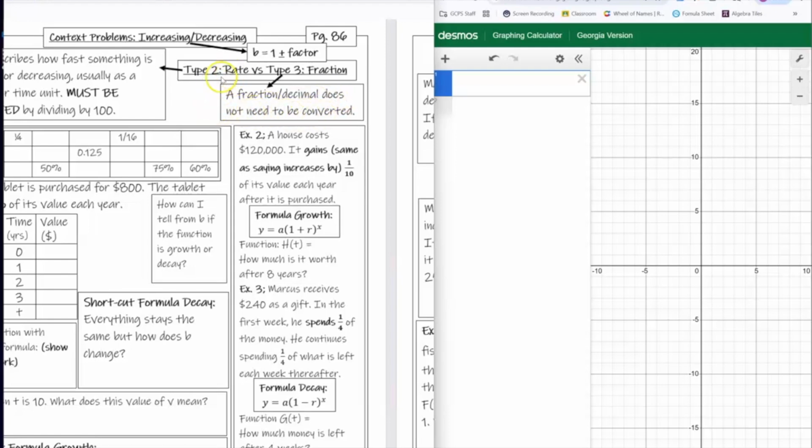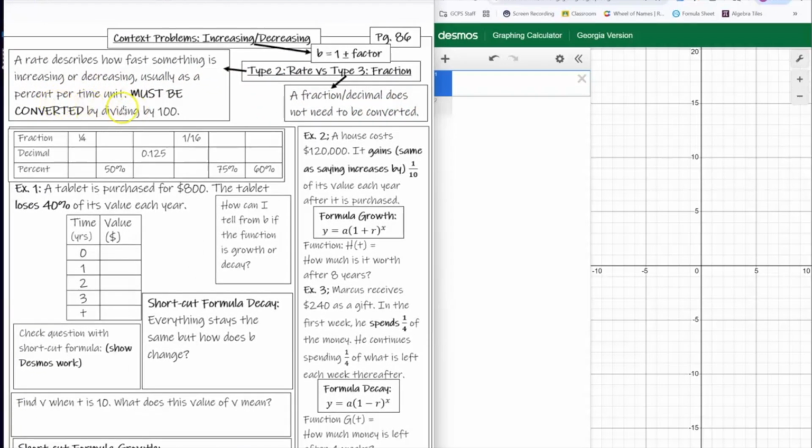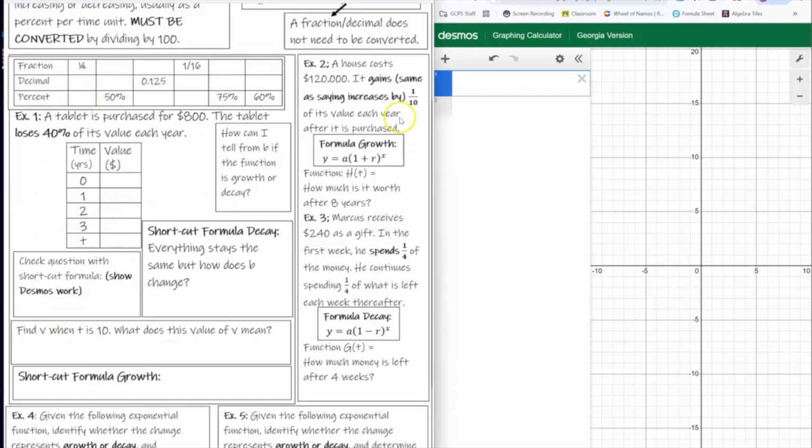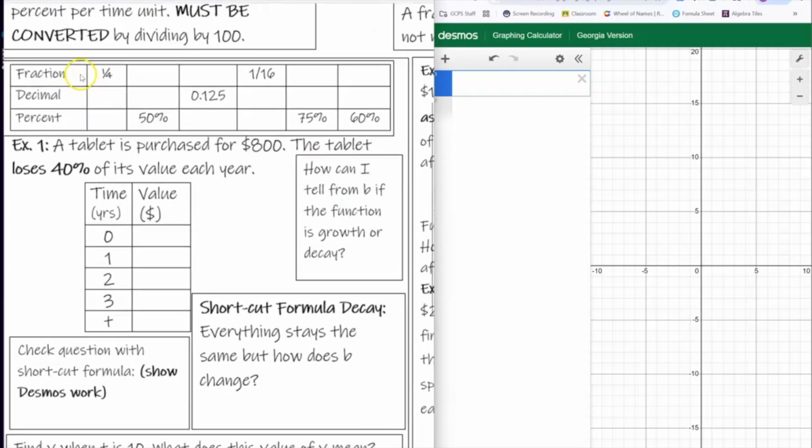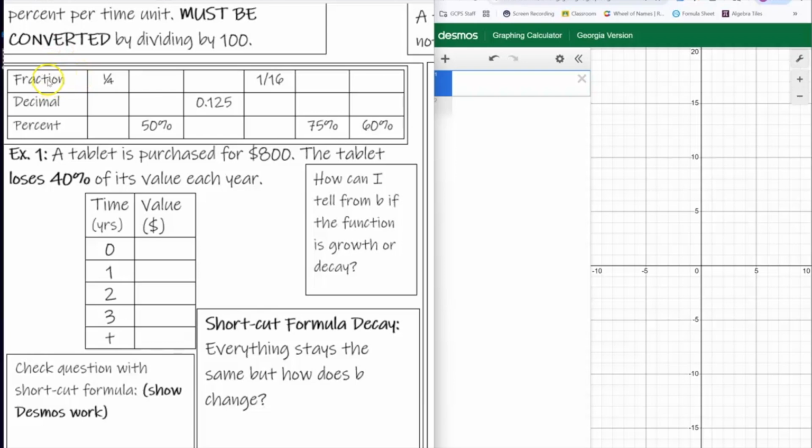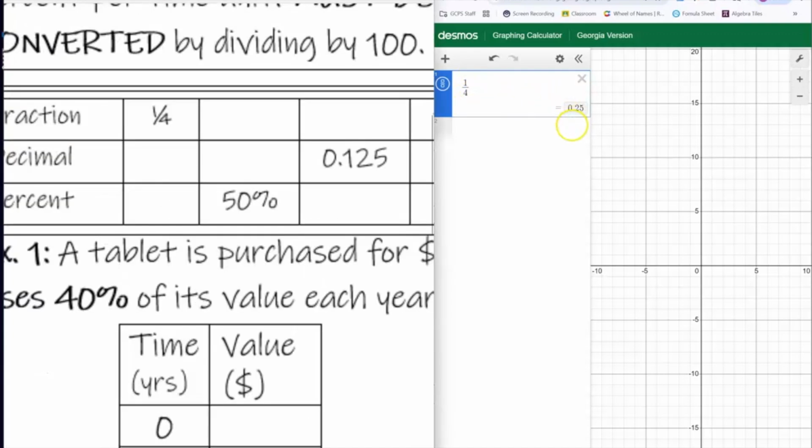So if they give you a rate, which means it's a percent, you do need to convert it by dividing by 100. So we're going to take a look at both examples. This will deal with percent. This will deal with fractions and decimals. Before we begin, it's very important for you to know the equivalence of each thing. So if I'm given a fraction 1/4, if I need to convert that into a decimal, I do 1 divided by 4, which gives me 0.25.